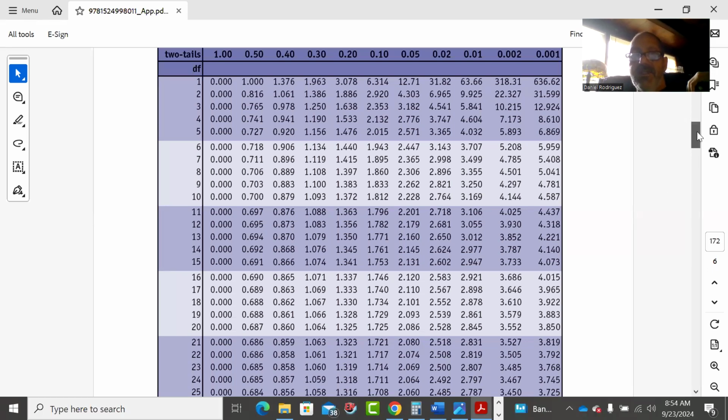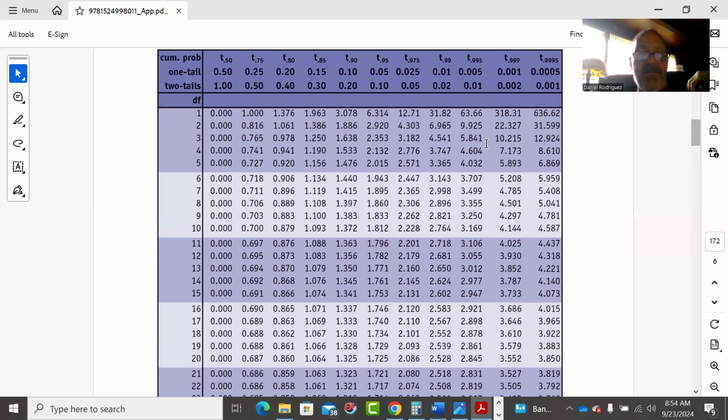All these little windows make it hard for me to see stuff. Okay. Here we want alpha two-tail at 0.05. So I look for the 0.05 that says two tails, right? Based on what we did last week, you should understand why this says 0.975 here, right?